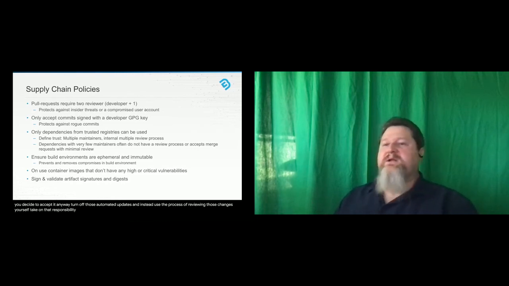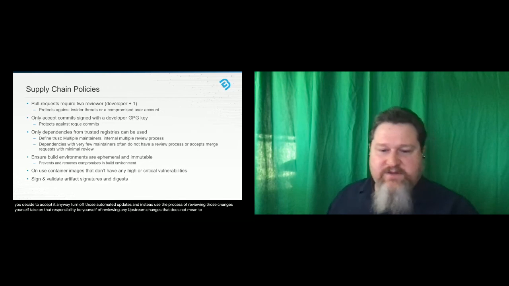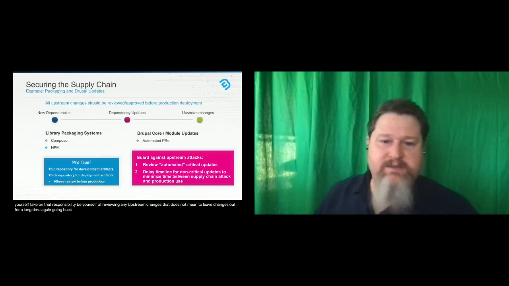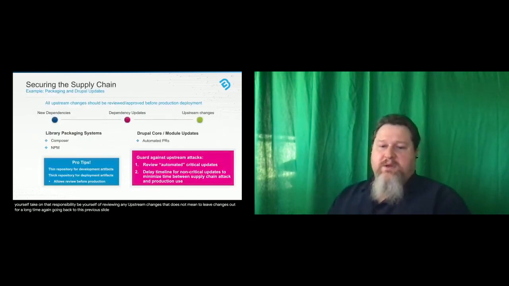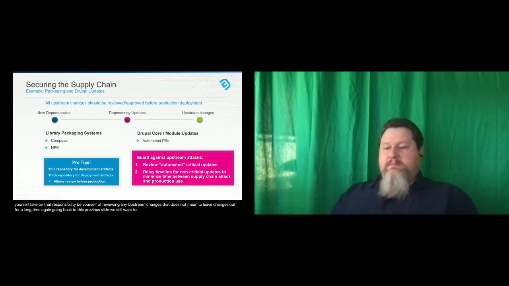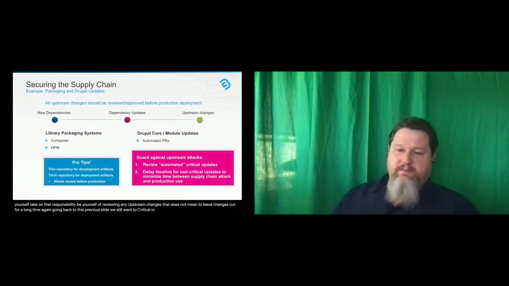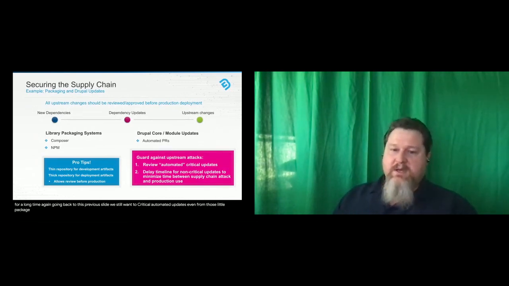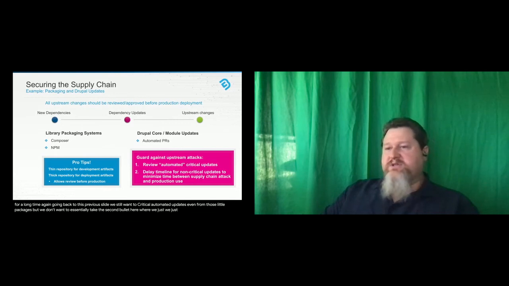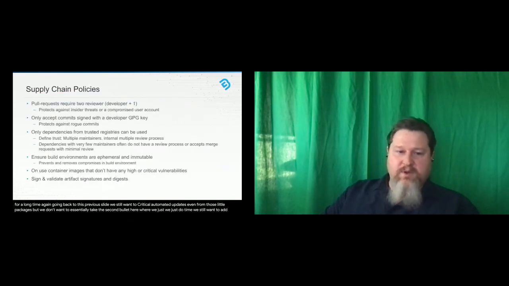Take on that responsibility yourself of reviewing any upstream changes. And that does not mean to leave changes out for a long time. Again, going back to the previous slide, you still want to review critical automated updates, even from those little packages. But we don't want to essentially take the second bullet here, where we just do time. We still want to add the review as well.